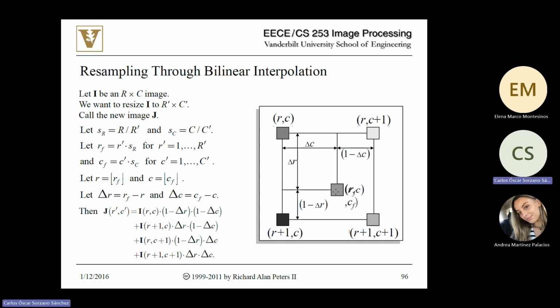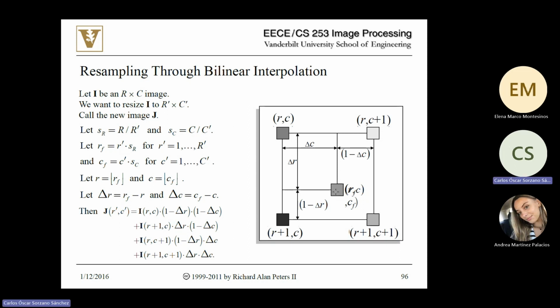Then 1 minus delta R is 1, and 1 minus delta C is 1, so we have 1 times 1. Then we take the value from I R C. That's good. Delta R is 0, so this product is 0. Delta C is 0, so this product is 0, and also this product is 0. So if both delta R and delta C are 0, we are taking the value from I R C. That is what we should.